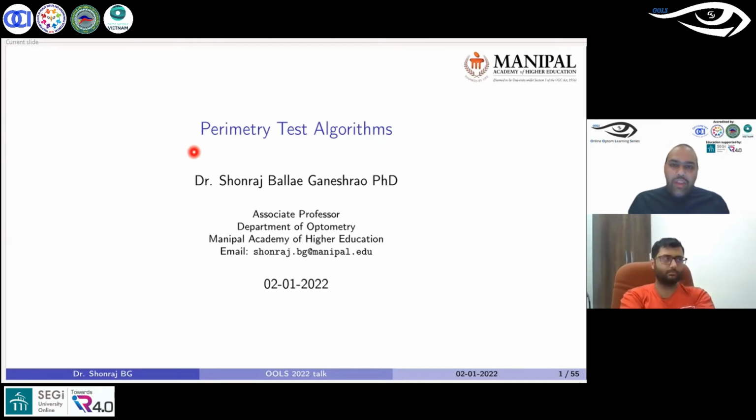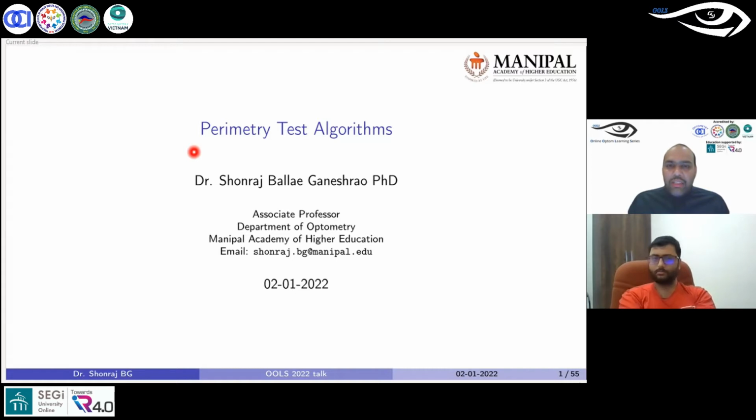His areas of interest and specializations are visual field, the structural functional relationship in glaucoma, and the changes that happen in the visual field with the progression of glaucoma, related to eye movements as well.